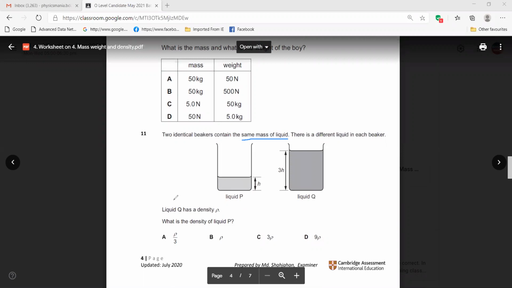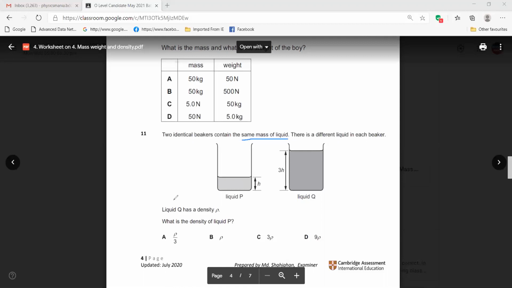Okay, fine. Now, look, P and Q both have the same mass, right? I underlined it. Yes. If you observe, P has less volume and Q has more volume, right? Yes. So which one do you think has more density, P or Q? Q. Q has more density.